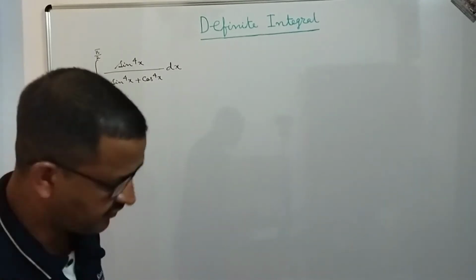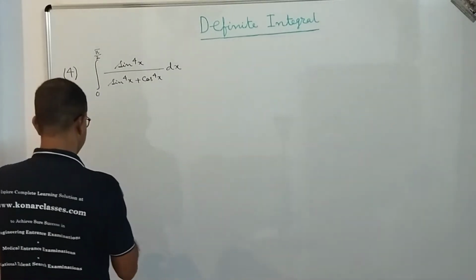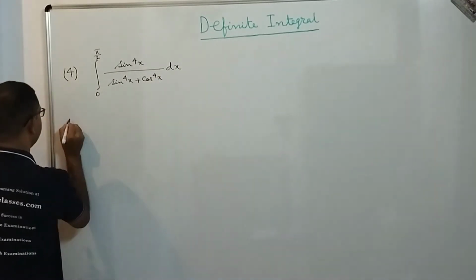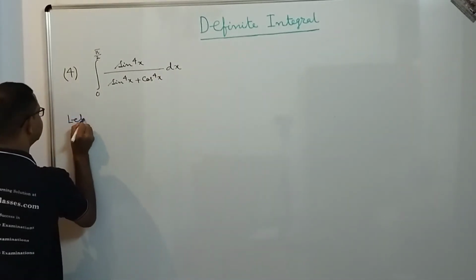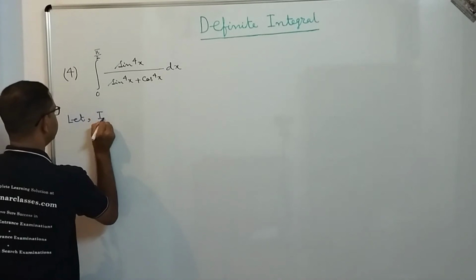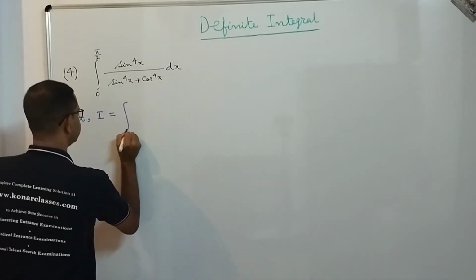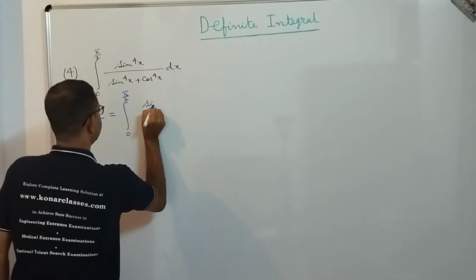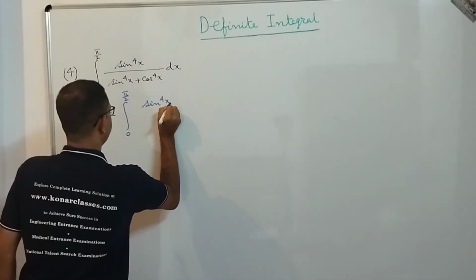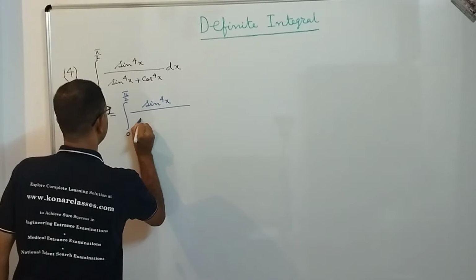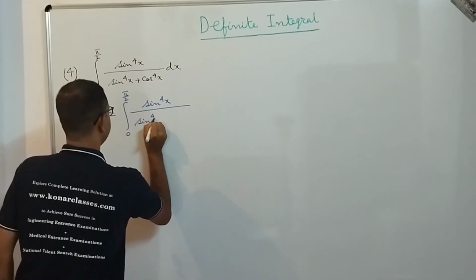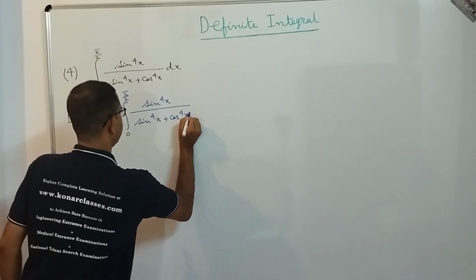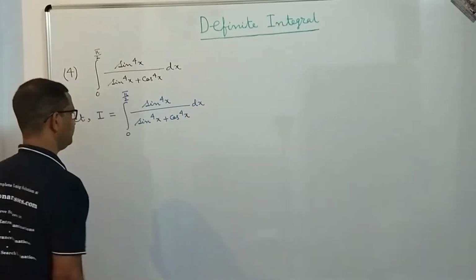So dear students, first what you should do is take this entire integration as I. So let I be equal to the integration from 0 to pi by 2 of sine to the power 4x divided by sine to the power 4x plus cos to the power 4x dx.